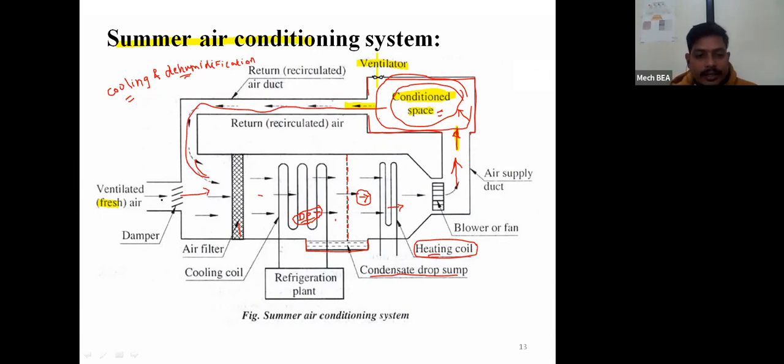Inside that recirculated air, some amount of fresh air will be mixed, and that process will continue, while some of the air will be exhausted to the atmosphere through the ventilator.